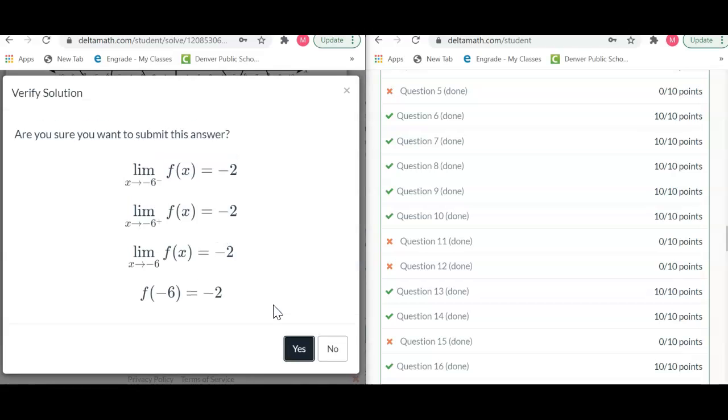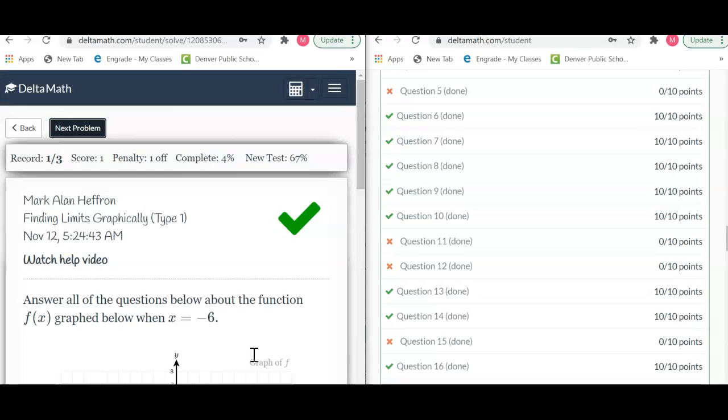I submit my answer. Is this what you want? Yes, that's what I want. It gave me a check mark. 1 out of 3, so I'm 1/3 of the way done with this part. I'm 4% done, but this went up. I was at a 65 or 66, now I'm at a 67.